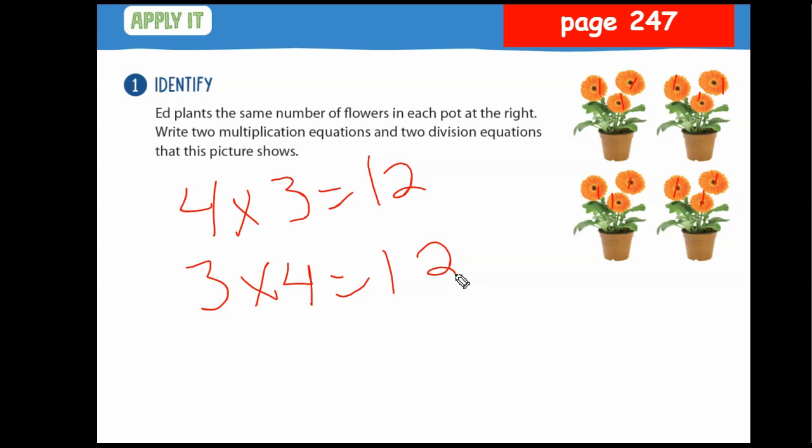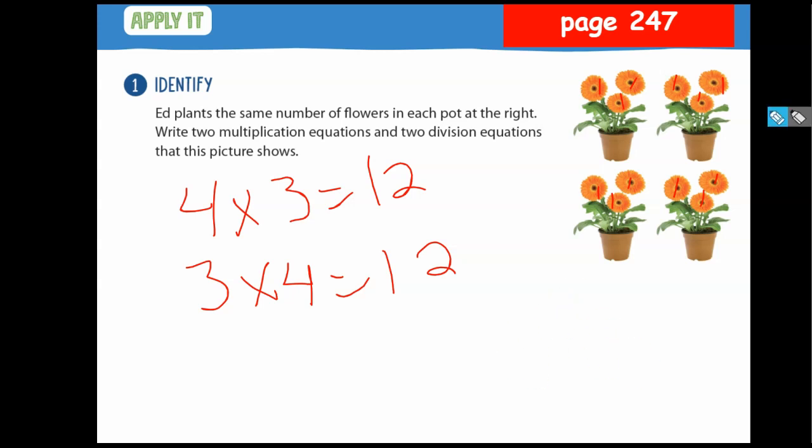Okay, well, hold on. When it comes to my division equation, I need the total first. What's the total flowers? 12. Okay, not 3 divided by 4. That's not it, because I already did this. It was multiplication. When it comes to a division problem, I need the total.